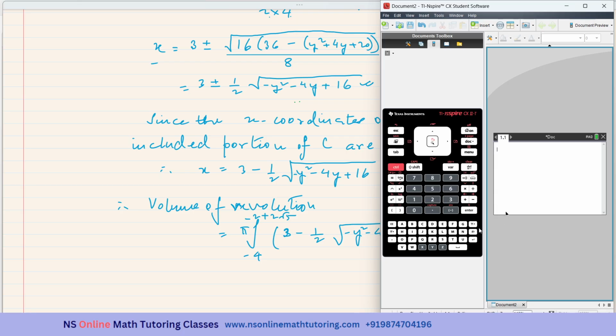So it is pi, pi is over here, pi times the integral from negative 4 to negative 2 plus 2 times the square root of 5, and the expression is 3 minus, for half I am writing 0.5, you may write half as well, 0.5 times the square root of negative y² minus 4y plus 16, and this is getting squared, and dy.